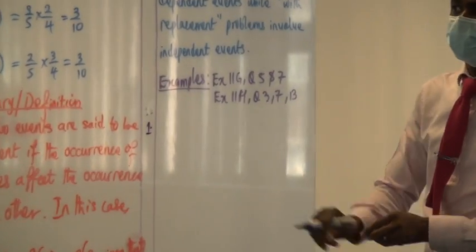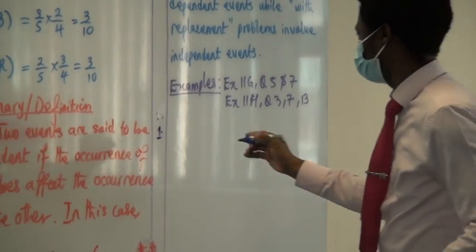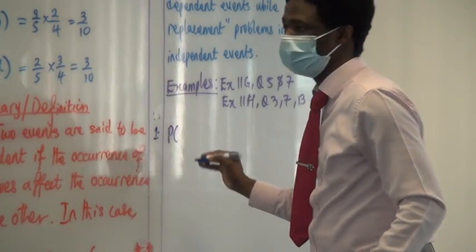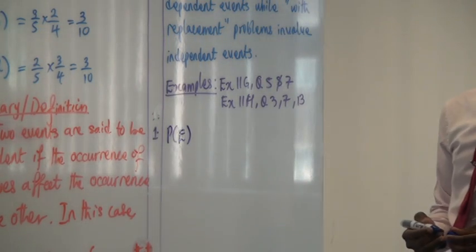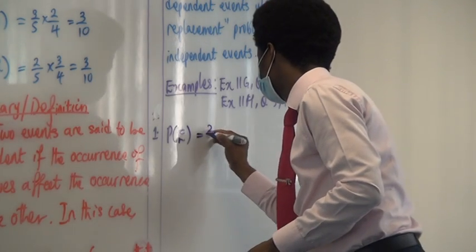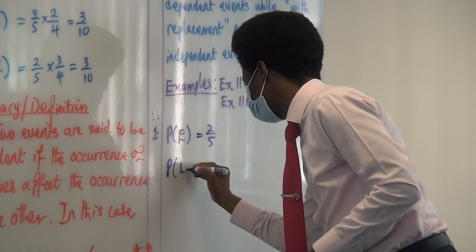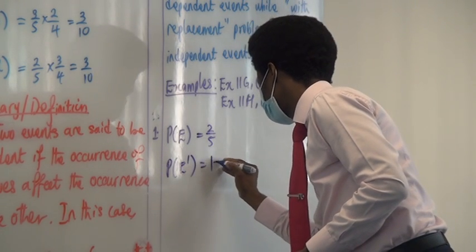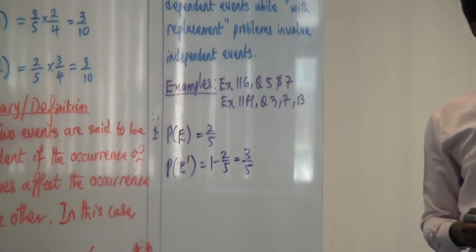There are ways you could write directly, or you could use a tree diagram. If I write directly, the probability of hitting the bullseye, I just say probability of E, for example, will be 2 over 5, yes? Which means the probability that it does not is 1 minus 2 over 5, which is 3 over 5. Understand?